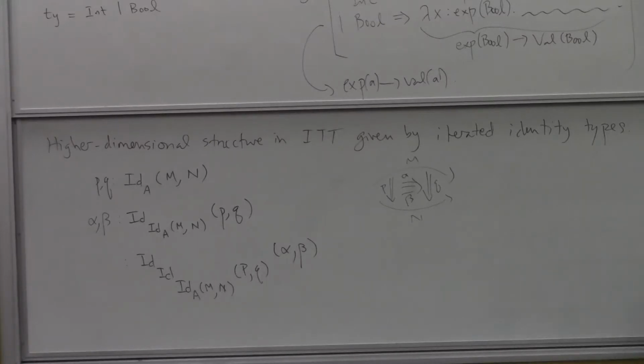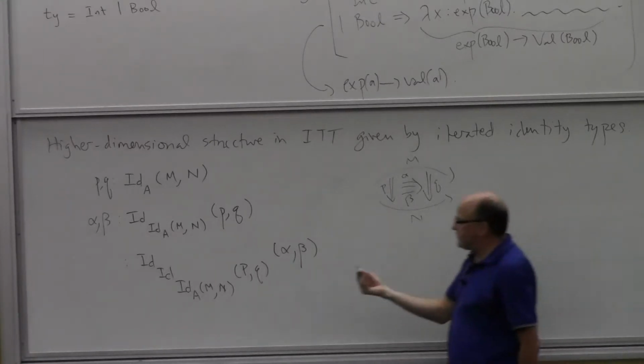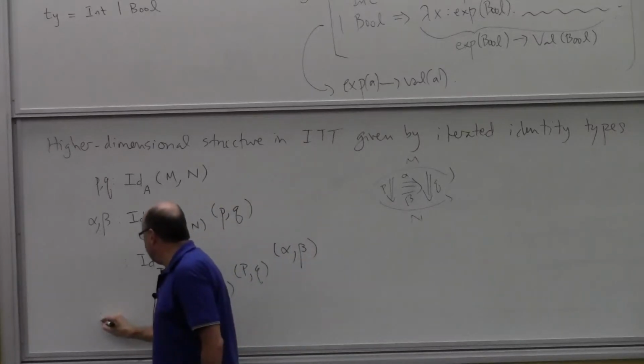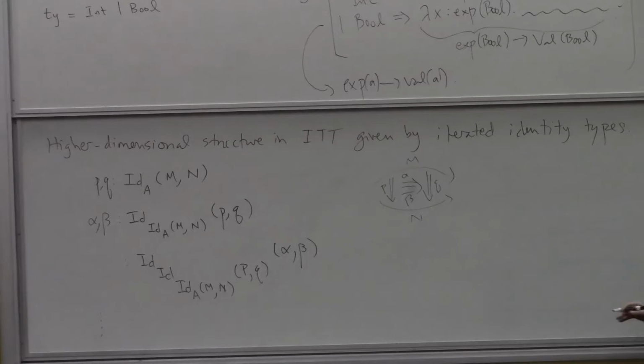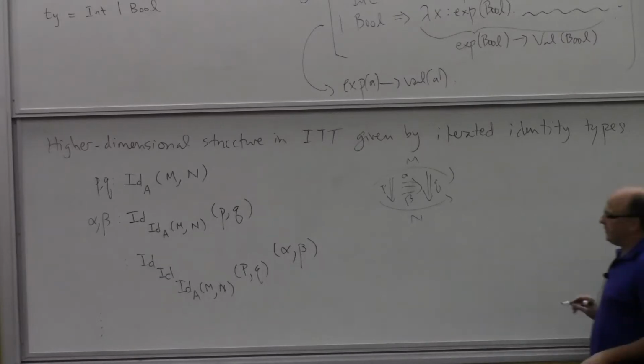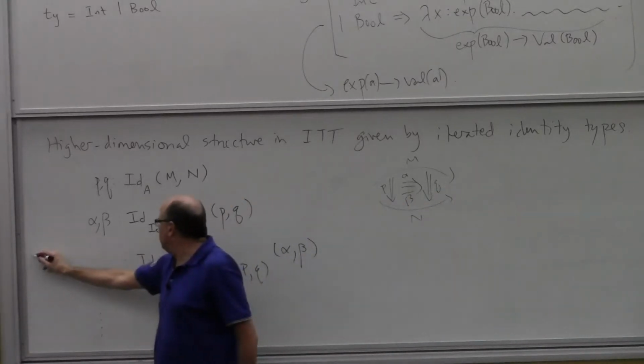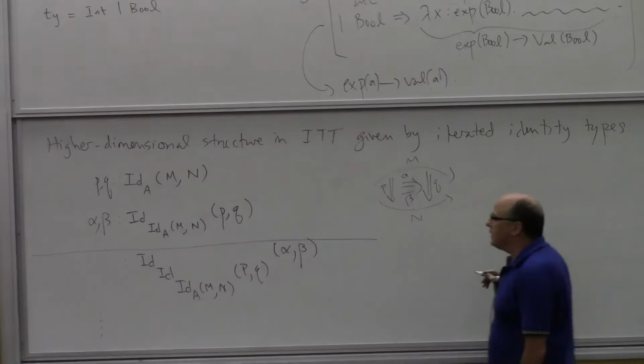And this just goes on forever. The structure can be extended as far as you like. For various technical reasons, for example, Dan Licata and I have studied a two-dimensional type theory in which we cut it off here. What does it mean to cut it off there?